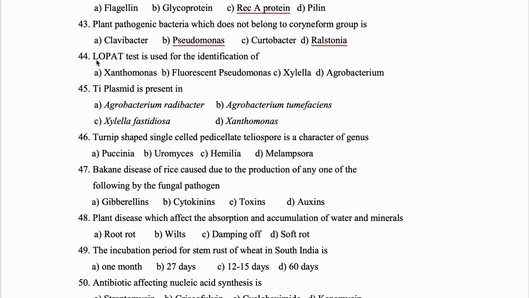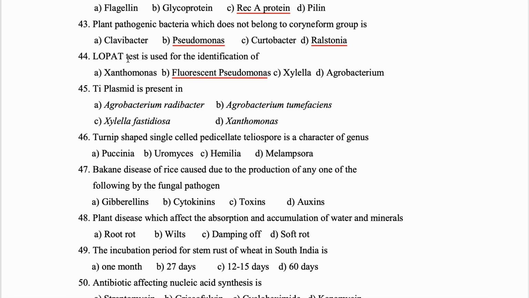Next, LOPAT test is used for the identification of fluorescent Pseudomonas. Now what is this LOPAT test? This is actually a series of biochemical tests that is used to differentiate various species and pathovars of Pseudomonas bacteria. Okay. For example, you can see option B, that is Pseudomonas. Now this LOPAT, what does that mean?